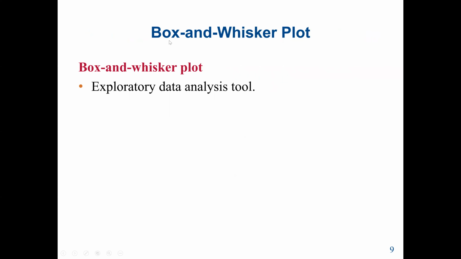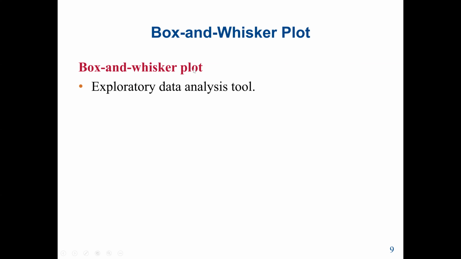Now, next, there's a special plot, or I'll say a graph, called the Box-and-Whisker plot. We can use the Box-and-Whisker plot also to tell us the positions of the data set. In the Box-and-Whisker plot, we can see the minimum value, we can see the maximum value, we can see the Q1, Q2, and Q3.